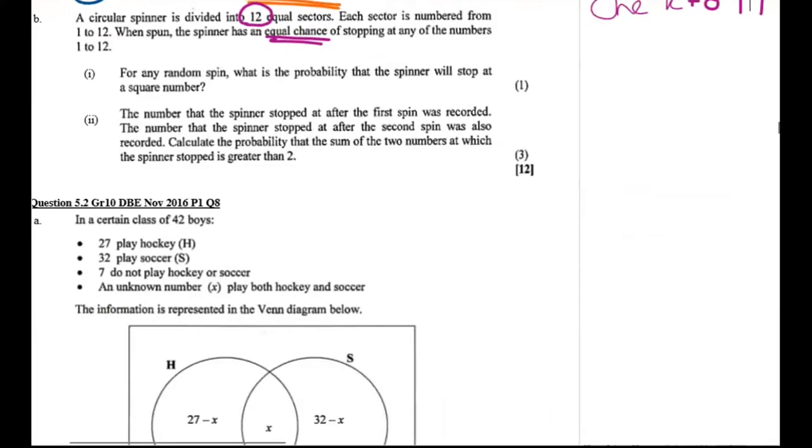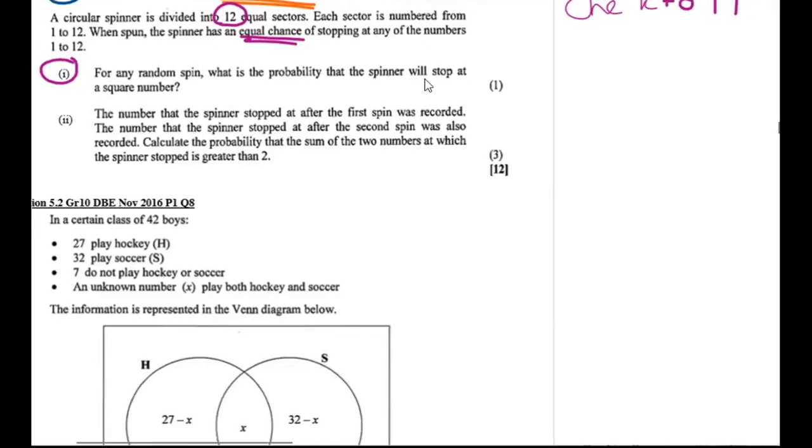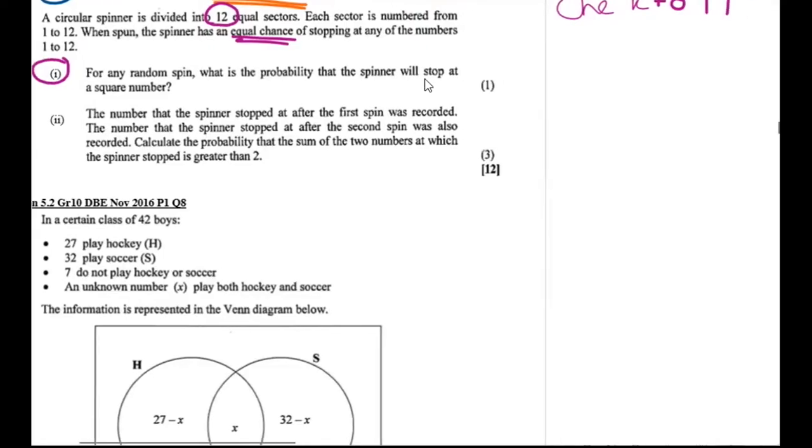So the very first question that they've asked us is, for any random spin, what is the probability that the spinner will stop at a square number? From 1 to 12, our square numbers are 1 squared, so 1, 2 squared, 4, and then 3 squared, 9. So that is our set.